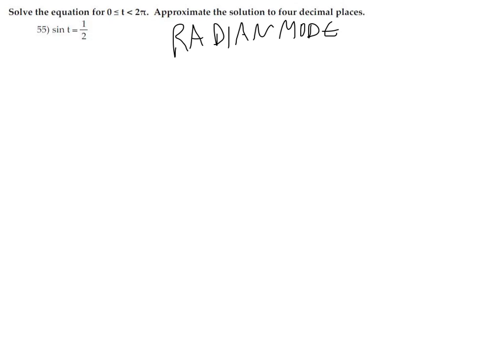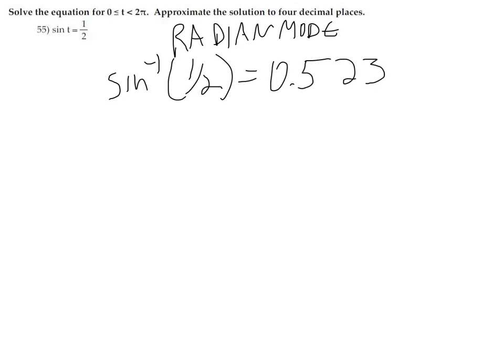So make sure your mode is in radians, do arc sine of 1/2. So arc sine of 1/2 is 0.5236. I have rounded to 4 decimal places.